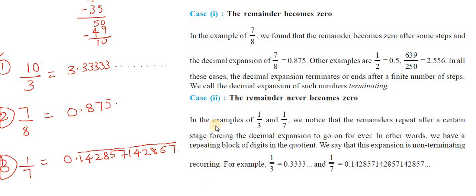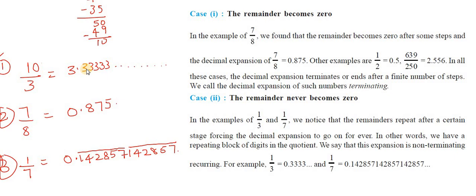I'll repeat once again. In the examples 1 by 3 and 1 by 7, we notice that the remainder repeats after a certain stage, forcing the decimal expansion to go on forever. In other words, we have a repeating block of digits in the quotient. We say that this expansion is non-terminating recurring. So these are all examples of non-terminating decimal expansion, and one more word, recurring.